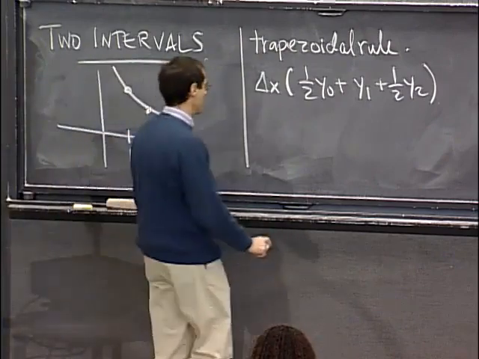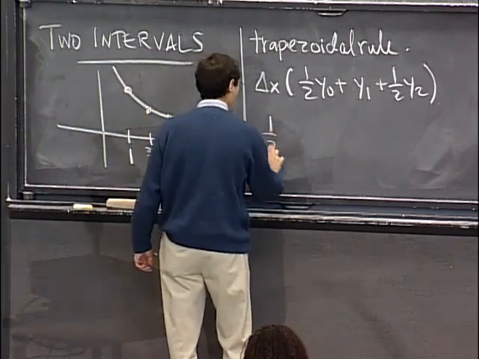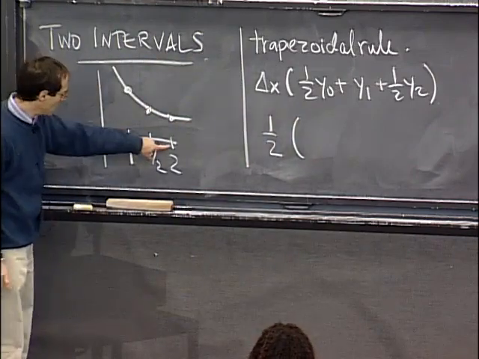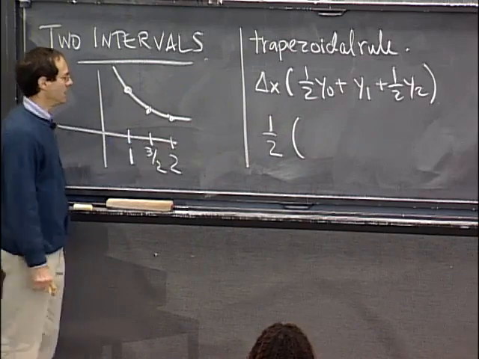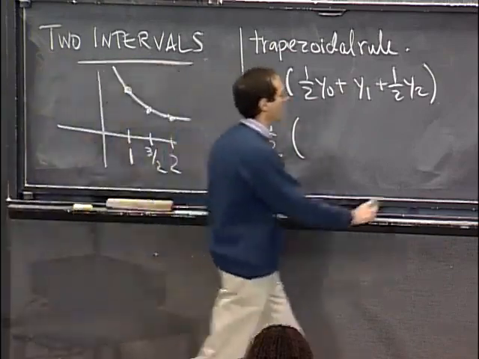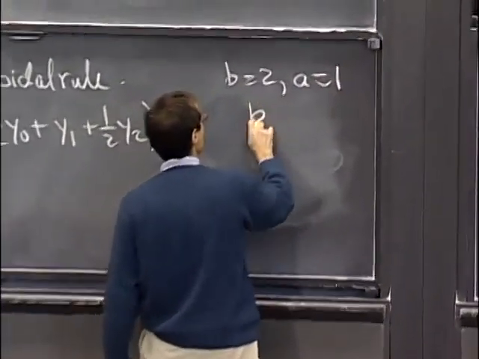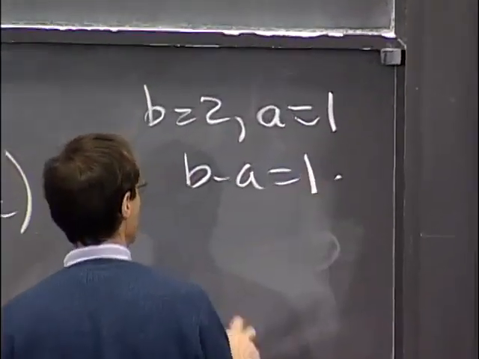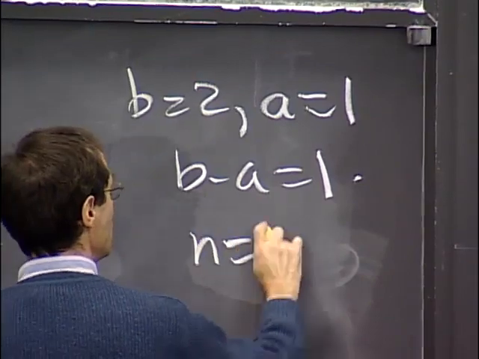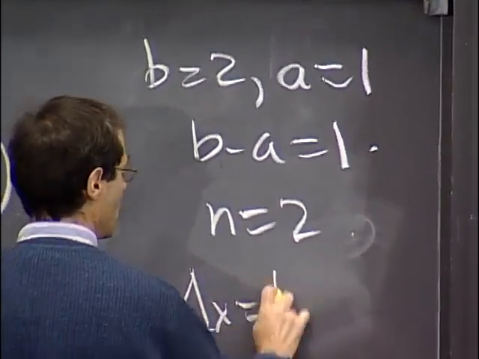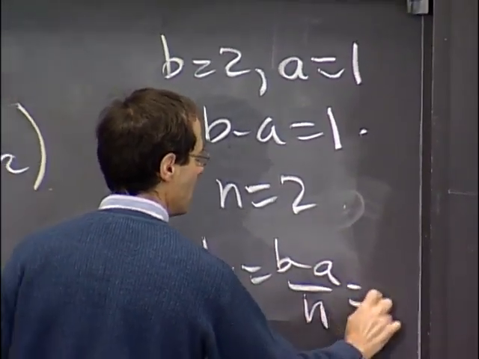And in this case, delta x is a half because this interval is of length 1, b minus a. Let's just point that out here. Here, b is equal to 2, a is equal to 1, b minus a is equal to 1, and the number n is 2. And so delta x, which is b minus a over n, is a half.